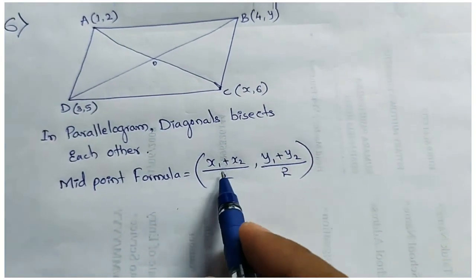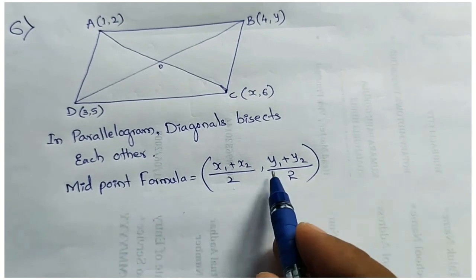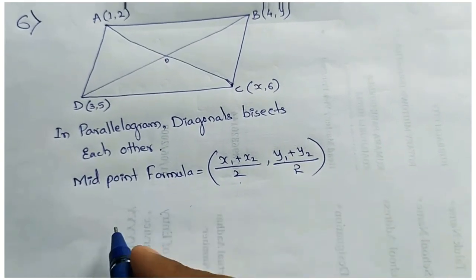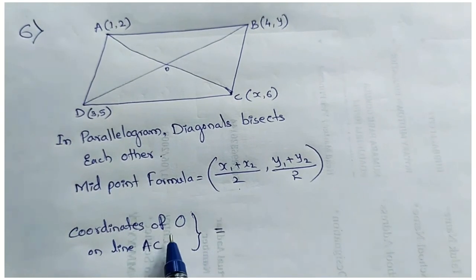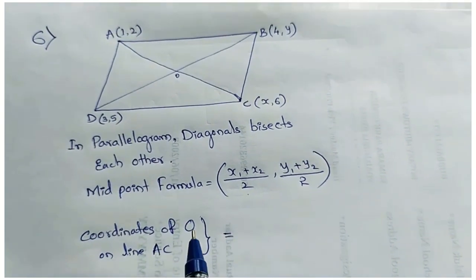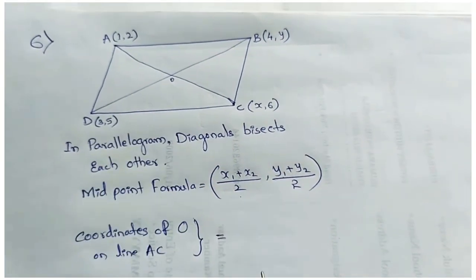The midpoint formula is (x1 plus x2) by 2, (y1 plus y2) by 2. Now the coordinates of O on line AC, taking the midpoint of AC.